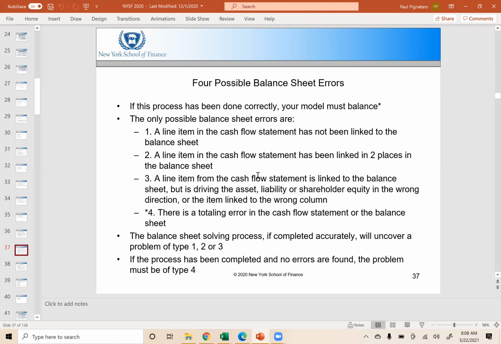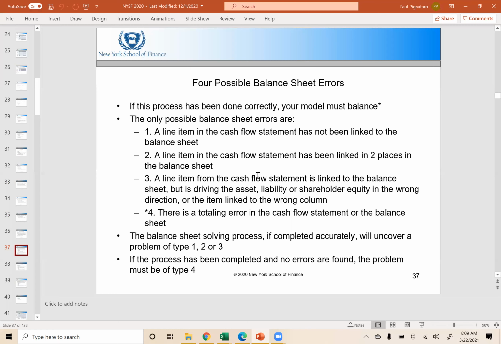1, there's a line item in the cash flow statement that you left out. You didn't link it to the balance sheet. That would cause a balance sheet imbalance. There's a value in the cash flow statement not linked to the balance sheet, so your balance sheet's not going to balance. 2, there's a line item in the cash flow statement that's been linked into 2 separate places.